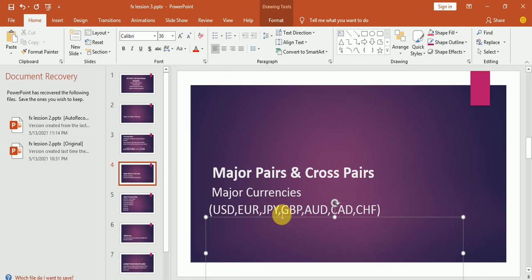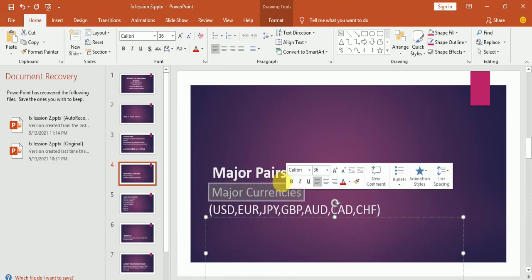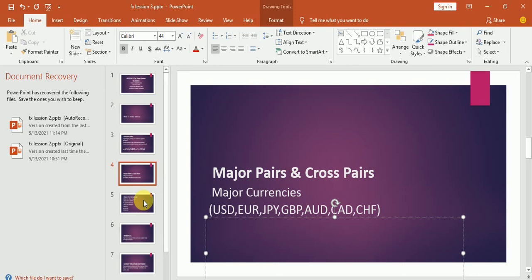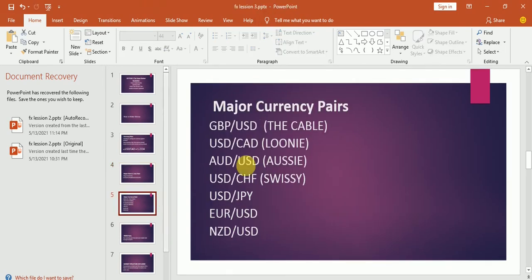So we are now moving to major pairs. After listing the major currencies, let's talk about major pairs. What are major pairs? Look, these are examples of major pairs. It's simply any currency pair with the dollar.